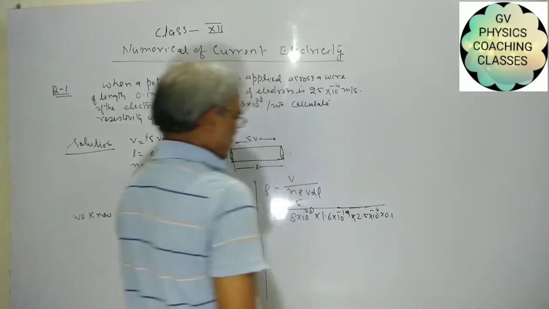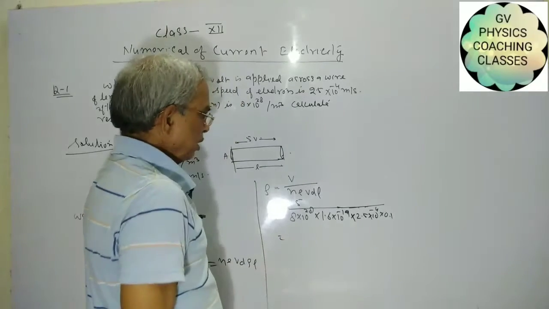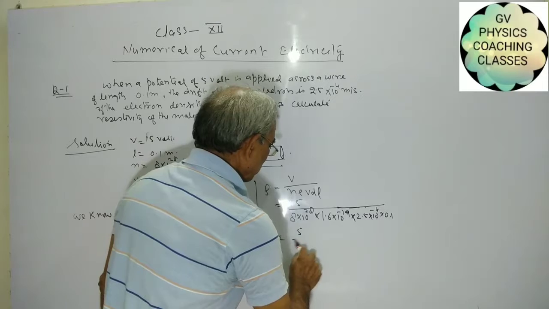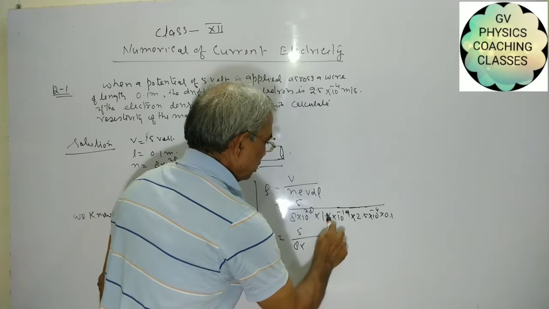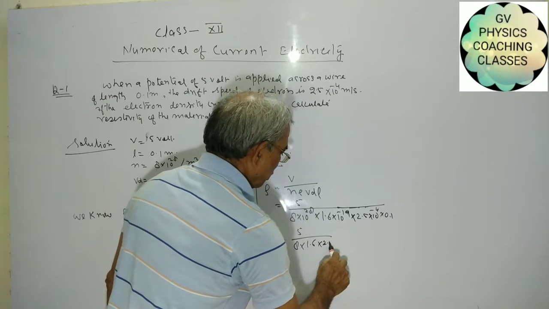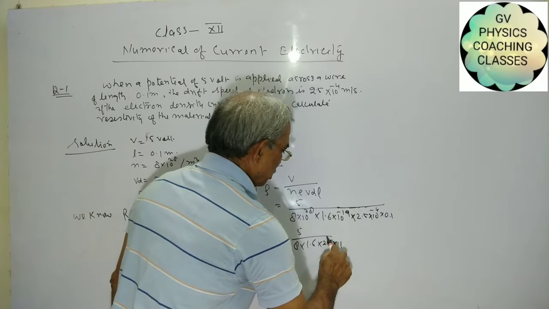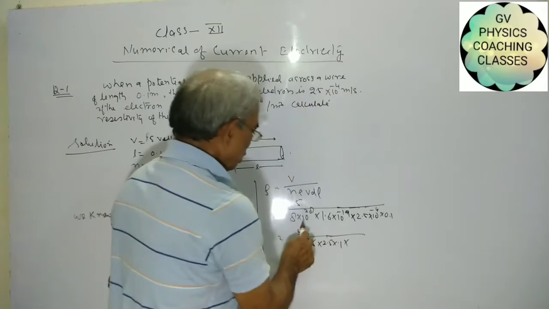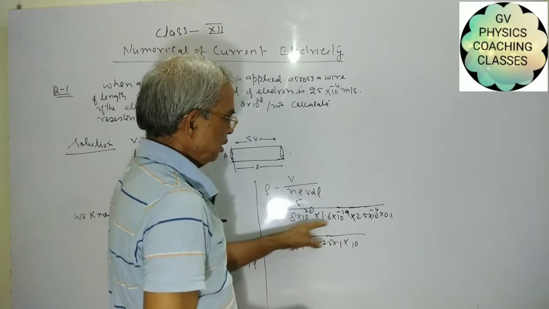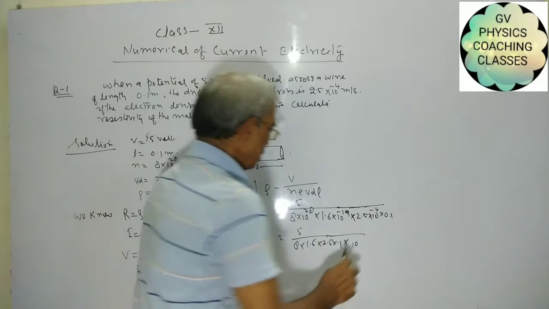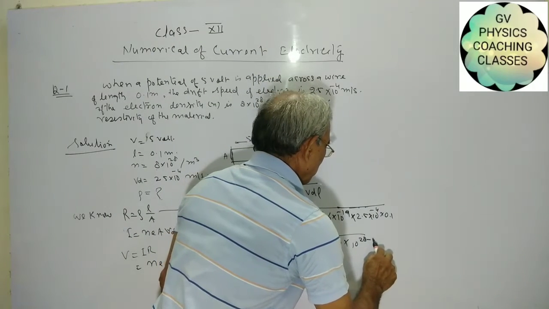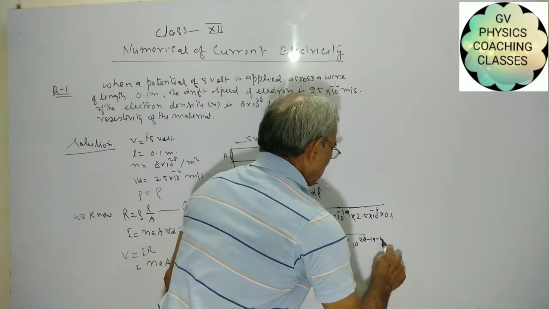Then calculating this: 5 upon 8 into 1.6 into 2.5 into 0.1 into 10 to the power 28 plus 19 minus 4, minus 28 minus 19 minus 4.